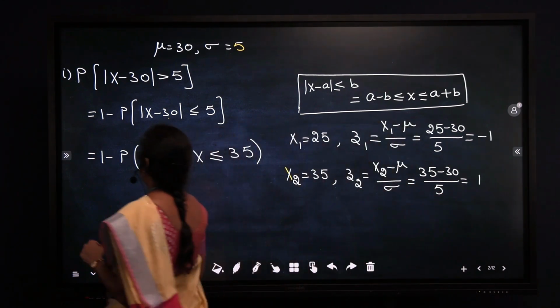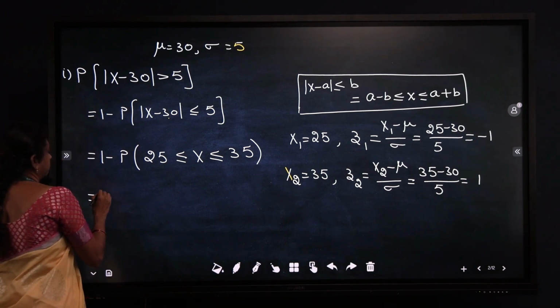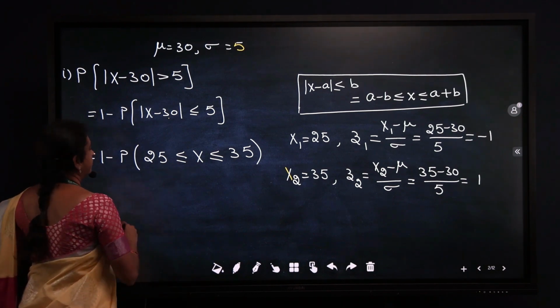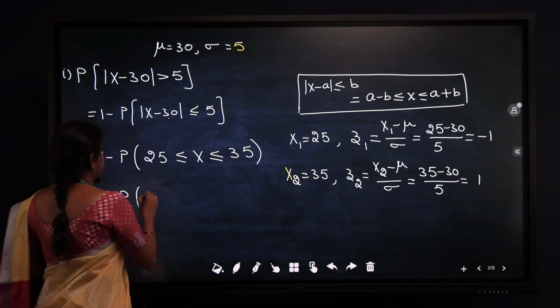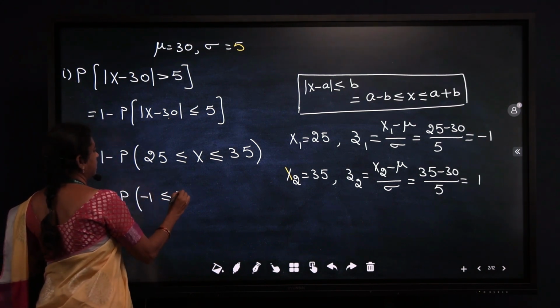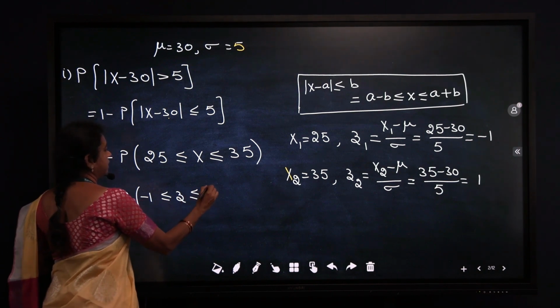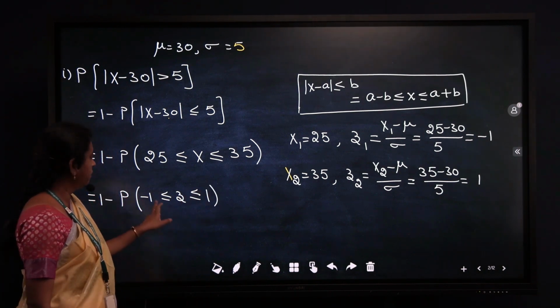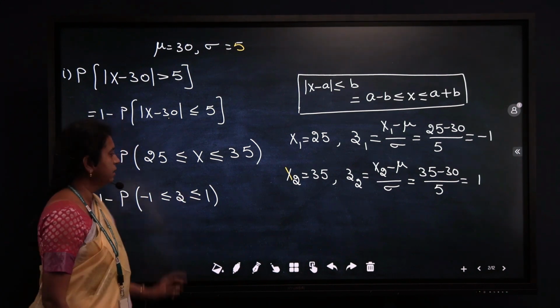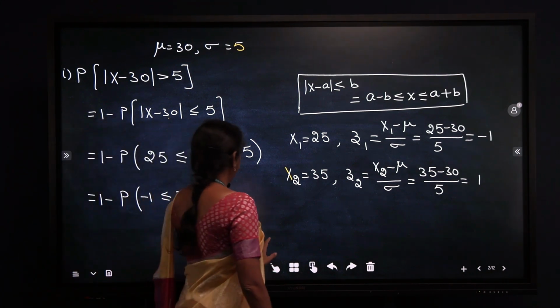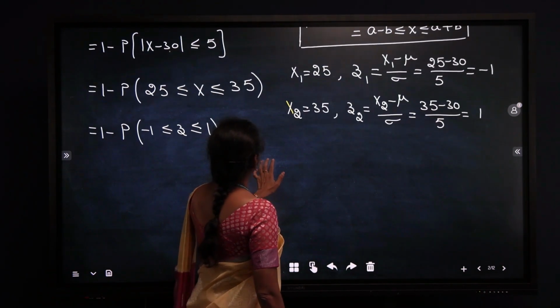So now if I change it to the standard normal variable, then this will be 1 minus probability of minus 1 less than or equal to z less than or equal to 1. Now we will find out the probability of minus 1 less than or equal to z less than or equal to 1. Similar way we have found in the previous question.